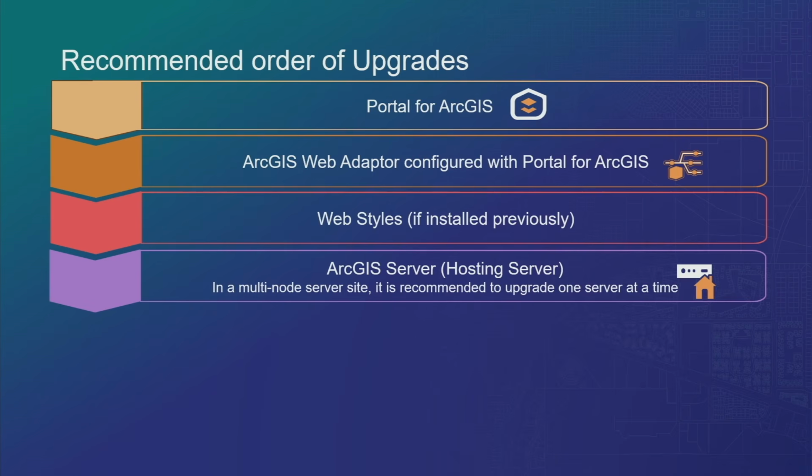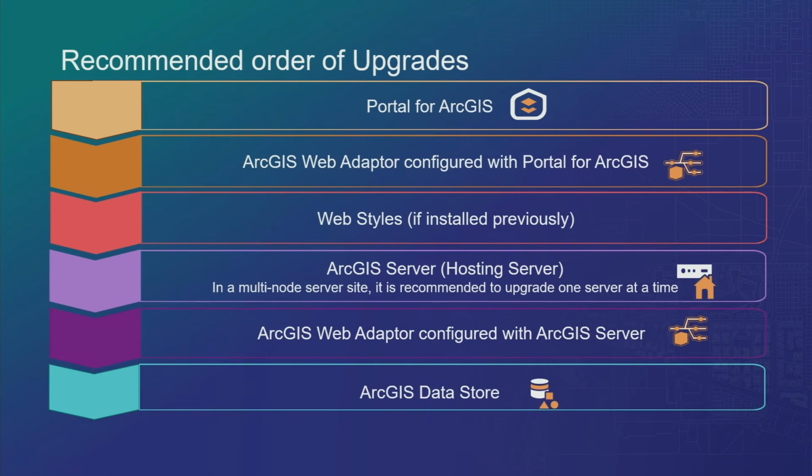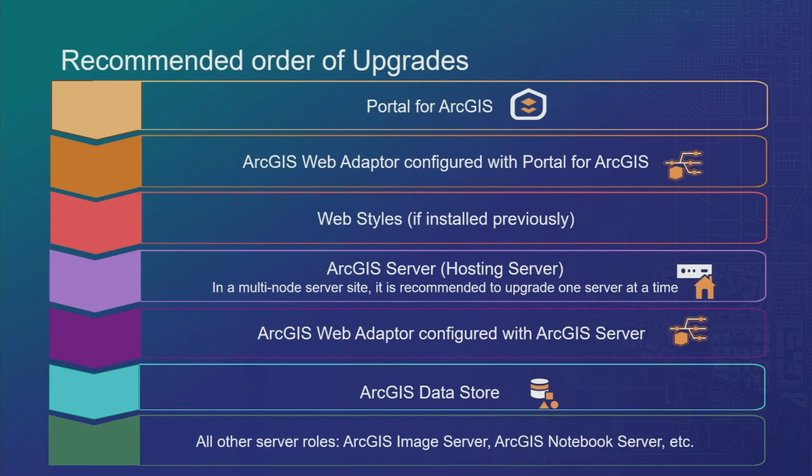If you have a multi-node ArcGIS Server site, you will upgrade each server one at a time, sequentially. And then you'll upgrade your ArcGIS web adapter configured with ArcGIS Server. And then you'll move into the ArcGIS Data Store. And then if you've gone beyond your base deployment and are using additional things like server roles, you will need to upgrade those as well.